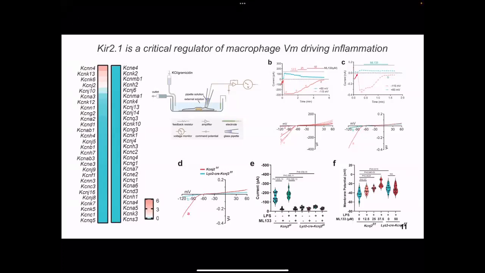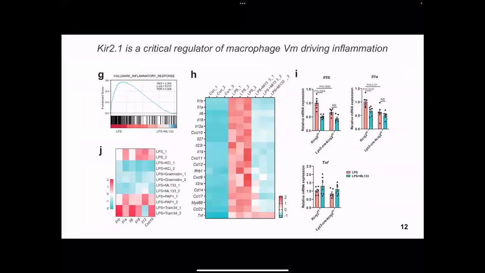We also found that ML133 depolarized the membrane potential in a dose-dependent manner, and that 25 micromolar ML133 led to a membrane potential depolarization comparable to that induced by the genetic deficiency. So we chose this dose of 25 micromolar in most of the subsequent experiments.